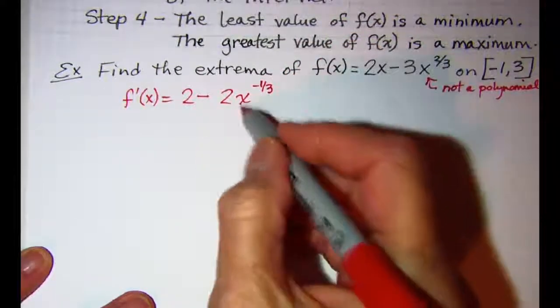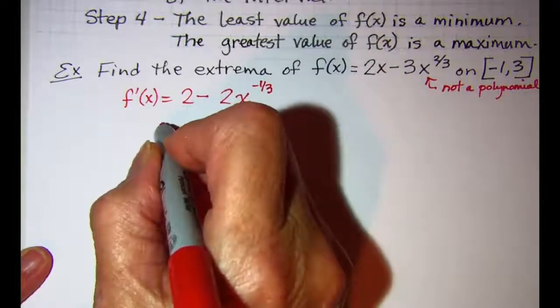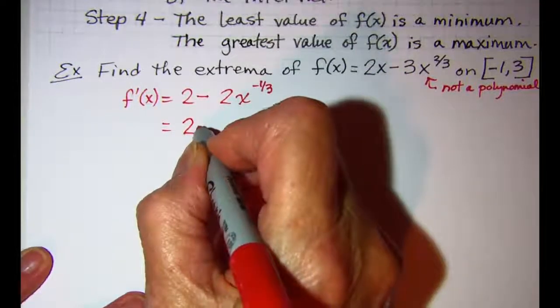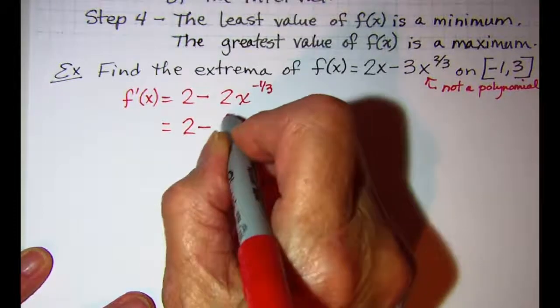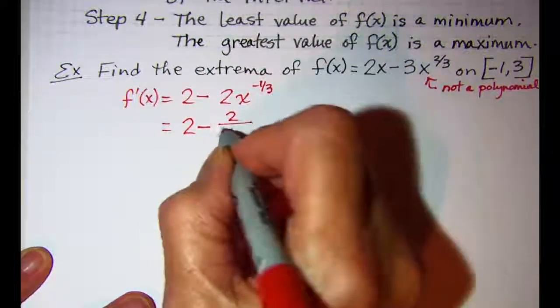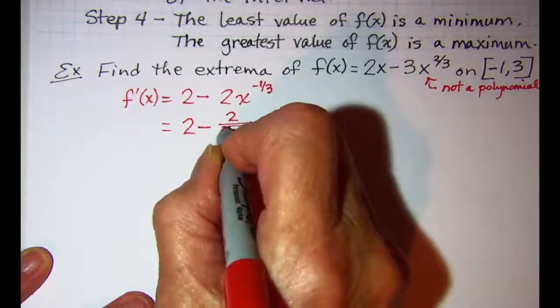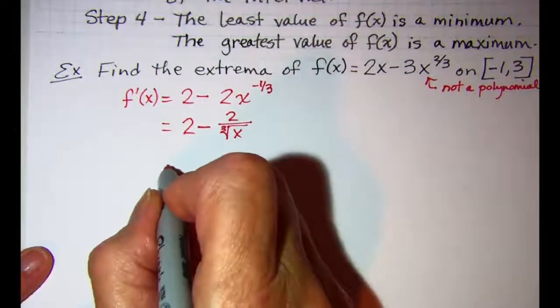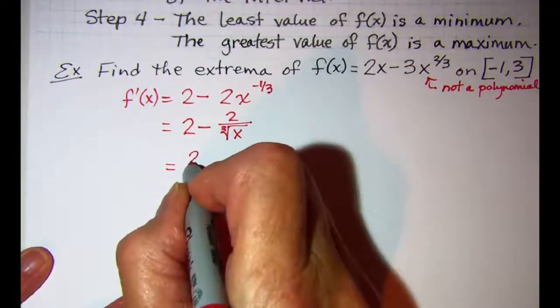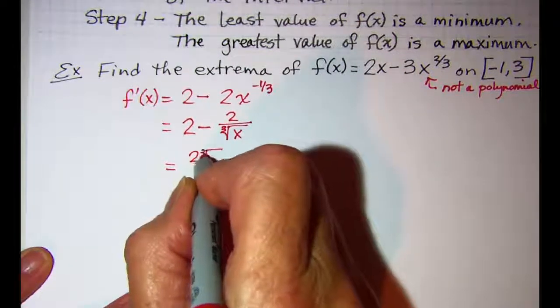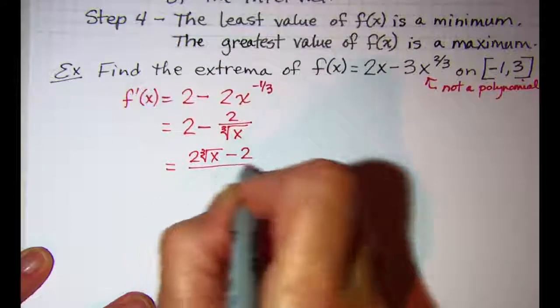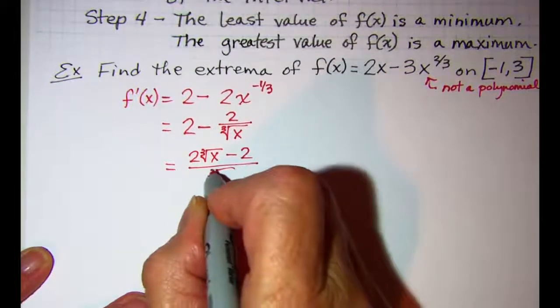Now I'm going to write this as a fraction so that I can look at it. 2 subtract 2 over the cube root of x. So we can make this 2 cube root of x subtract 2 all over the cube root of x.